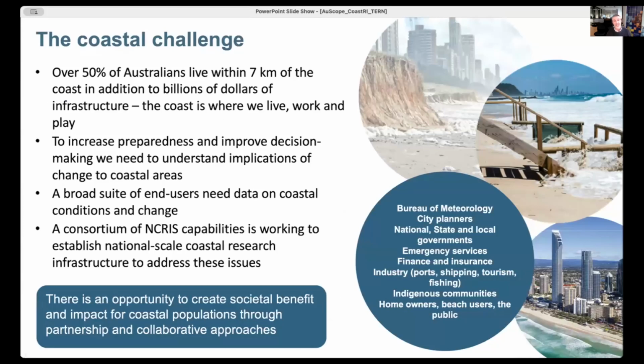So the challenge, as I've said, is that most of us live near the coast, and what we really recognised was that there was a real gap in some of the data to support decision-making around these coastal regions. In many ways, that was partly because the coasts are such complicated places to operate.